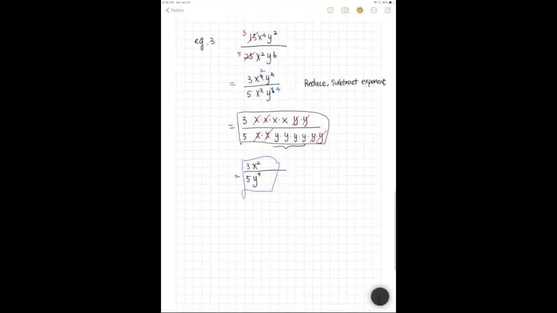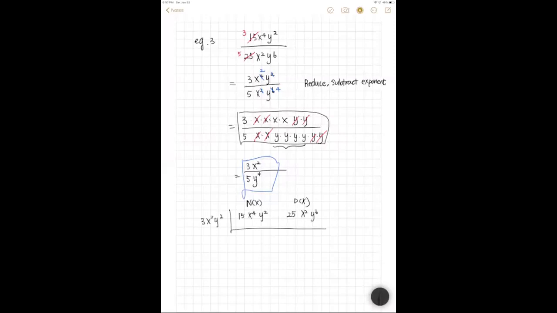Or you can consider it this way. I have 15x to the 4th y squared, and then 25x squared y to the 6th for the denominator, right? This is numerator and denominator. What I'm doing right now is basically finding their greatest common factor and then trying to reduce that part. So what's the greatest common factor? It's 5x squared y squared.